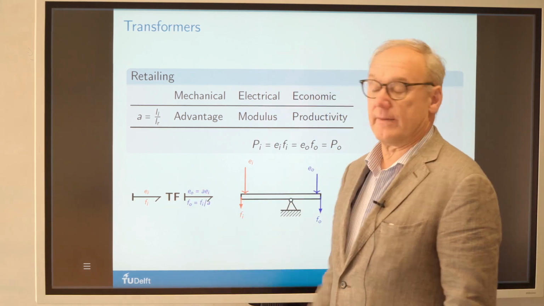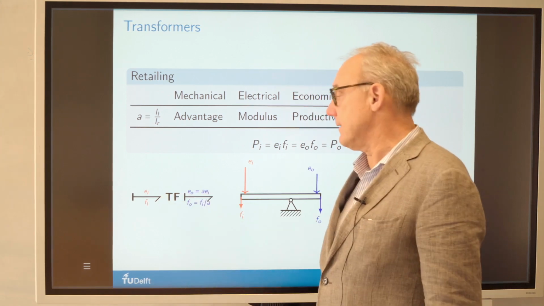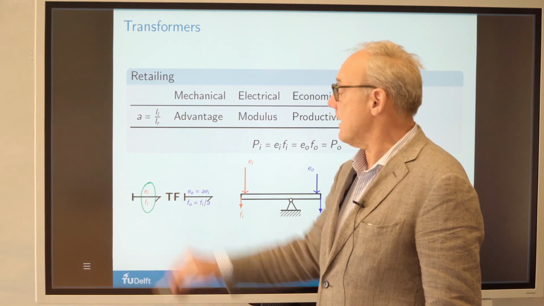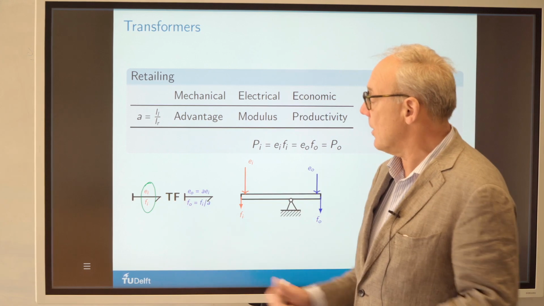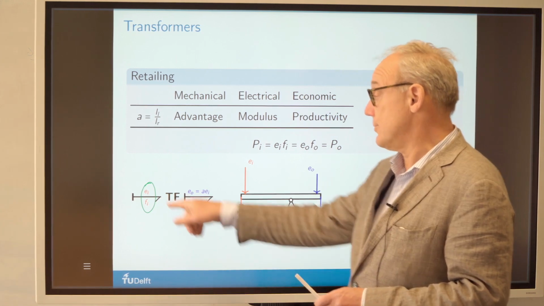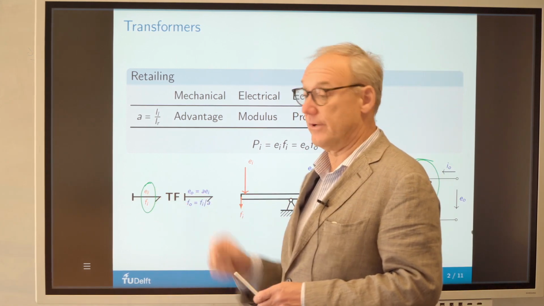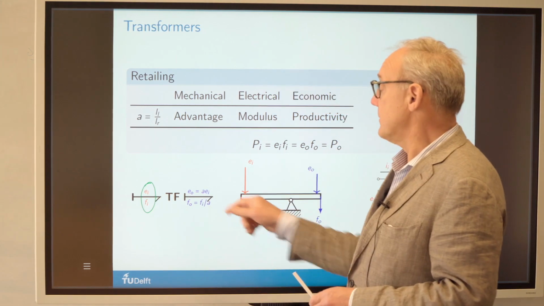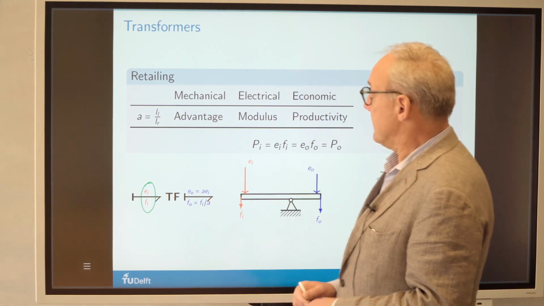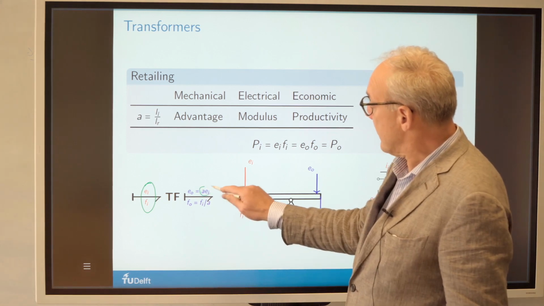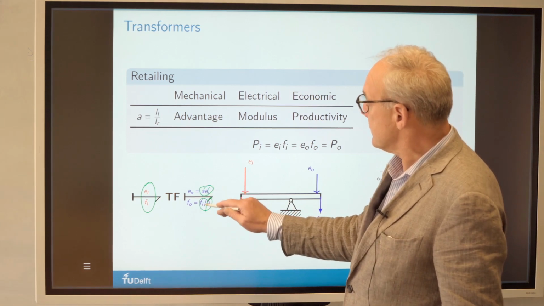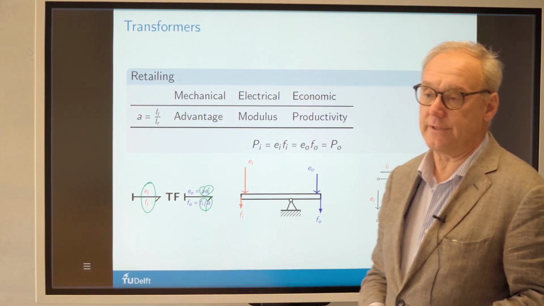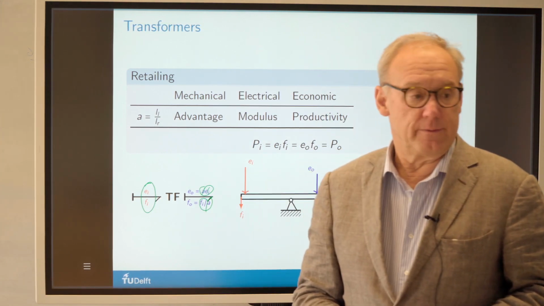There's one bond coming in, that's the power, split into two conjugate variables, an effort and a flow variable, and out comes something whose product is the same. In fact, if you multiply this by this, you see the A cancels. Just obvious, right?